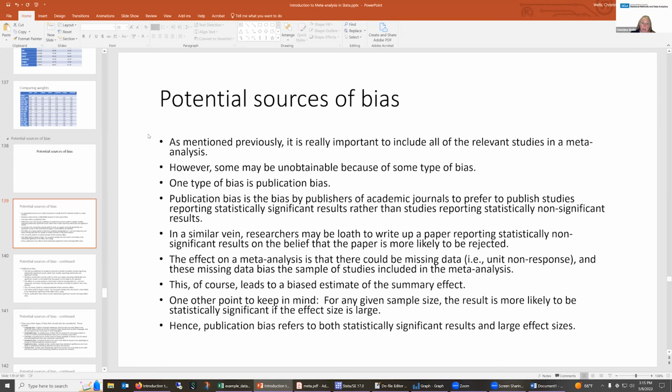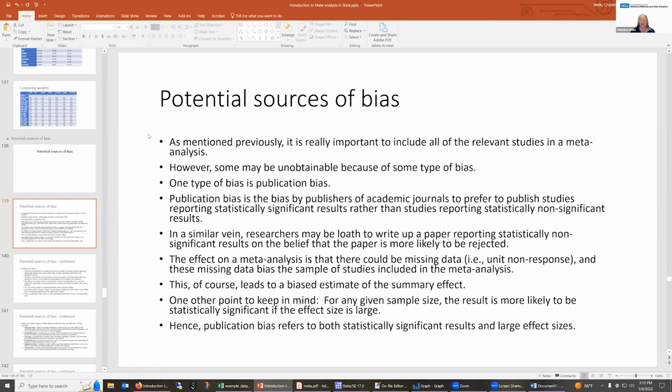The idea of publication bias is that at least for academic journals, they prefer to publish studies that report statistically significant results rather than studies that report statistically non-significant results. That's the idea behind this.